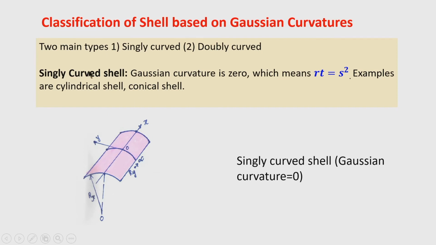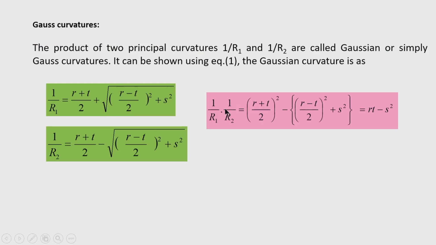So, therefore, for such a shell, which is a singly curved shell like a cylindrical shell, the Gaussian curvature is 0, that means r t equal to s square. Now, we have found this Gaussian curvature, this is r t minus s square. So, if I make this quantity 0, then r t equal to s square, that means the product of the curvatures in the two orthogonal directions is equal to the square of the twist curvature.